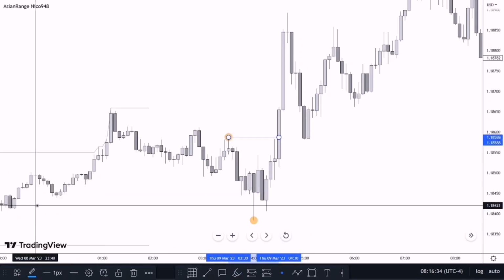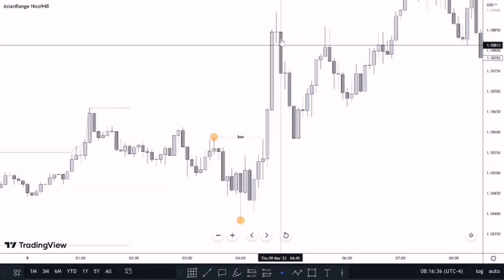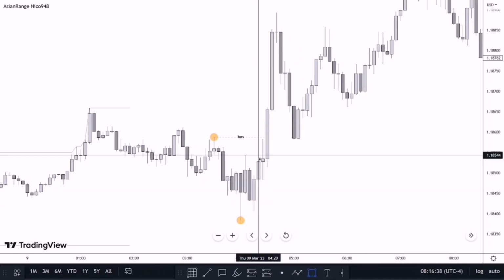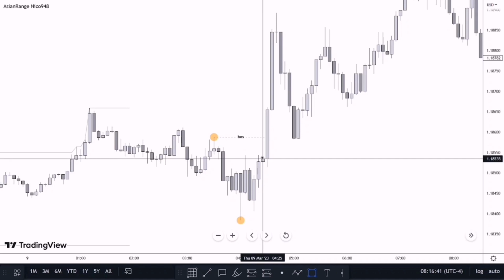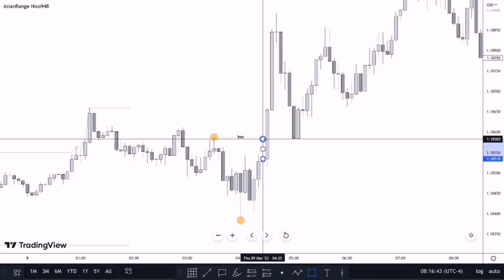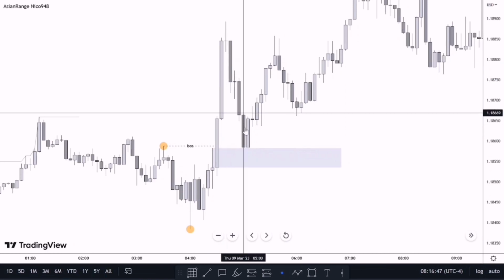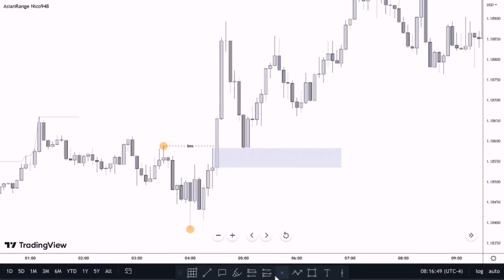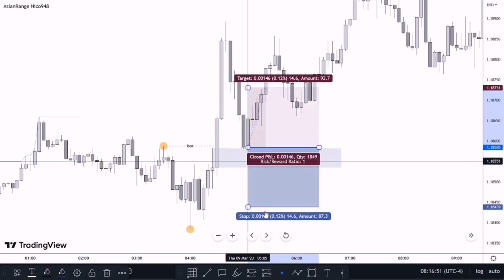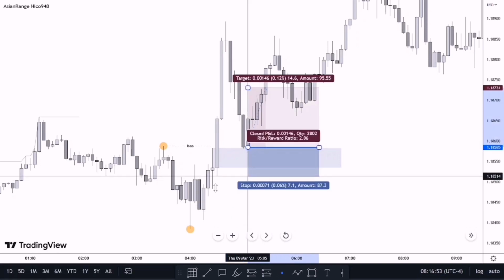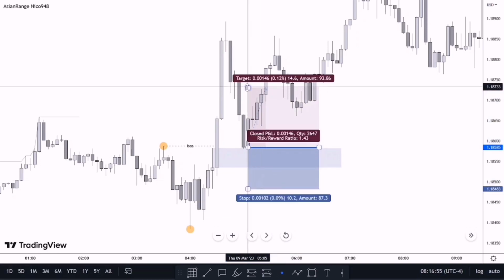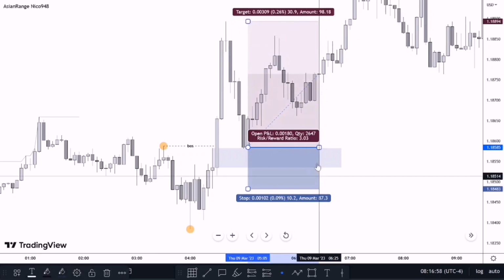We look for the candle that causes the break of structure, which is clearly this one. Since the candle body is small, we take the high of the candle and the high of the wick, drag it all the way to the right, wait for price to retrace into our bullish breaker block, and then go in for a long position with our stops between these lows and targeting previous highs.